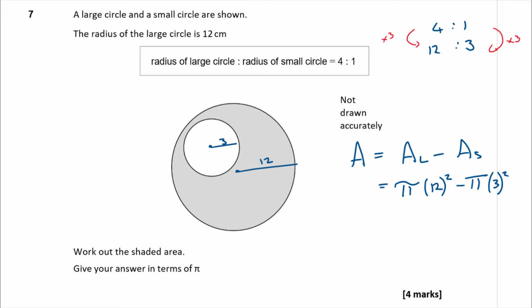Okay, so 12 squared is 144, so that's going to give me 144 pi minus 3 squared is 9, it's going to be minus 9 pi. So what's 144 pi take away 9 pi? Well, 144 take away 9 is just 135, isn't it? So that's 135 lots of pi. That's my final answer, 135 pi.